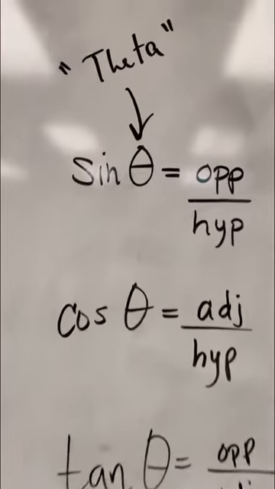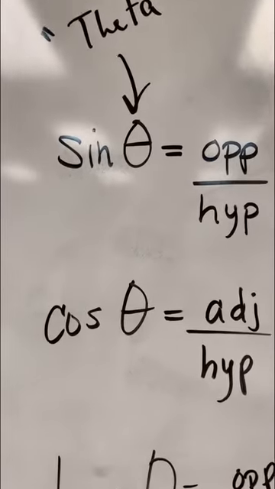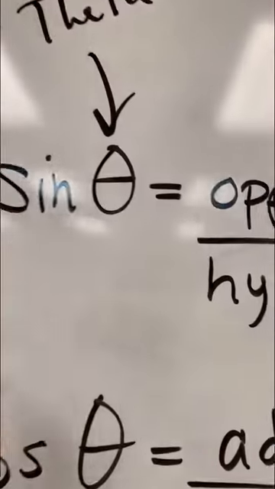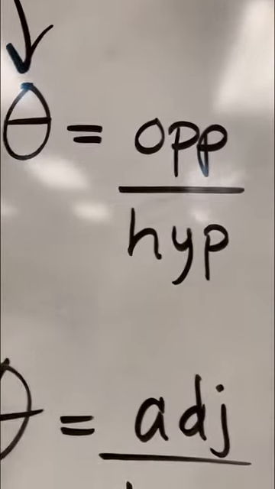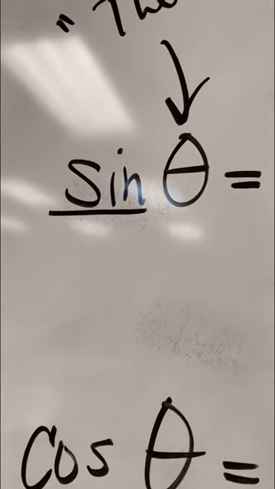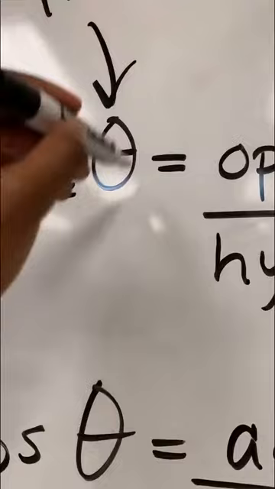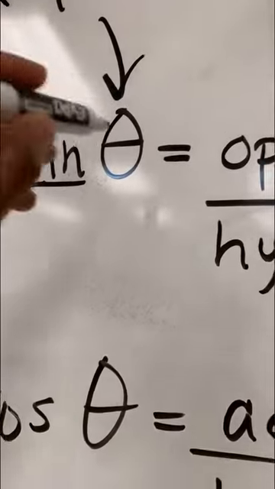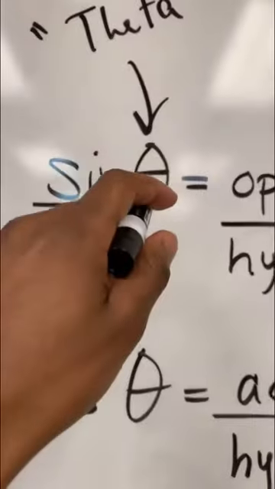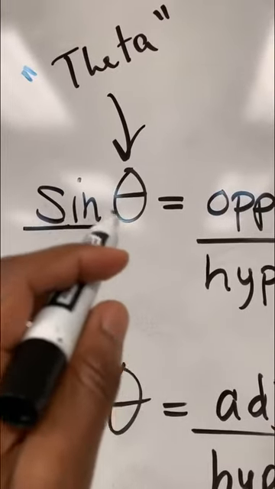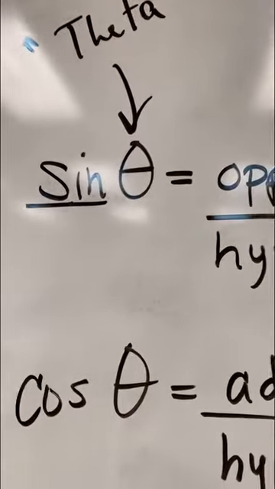The most common variable for any given angle will be theta, all right? So when you write down a trig function, you can't write it down by itself. It has to be a function of some value. So we have to put something there if they don't give us a degree or a radian to work with. That's like a placeholder, but it's the most common variable that we use for an angle.